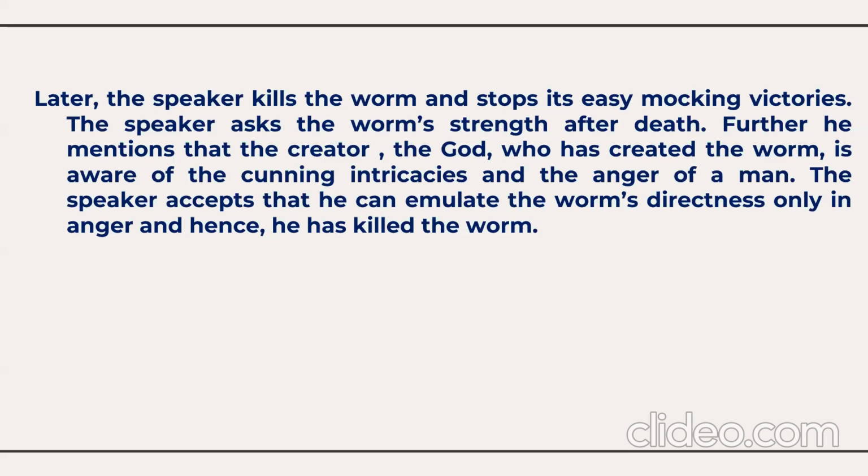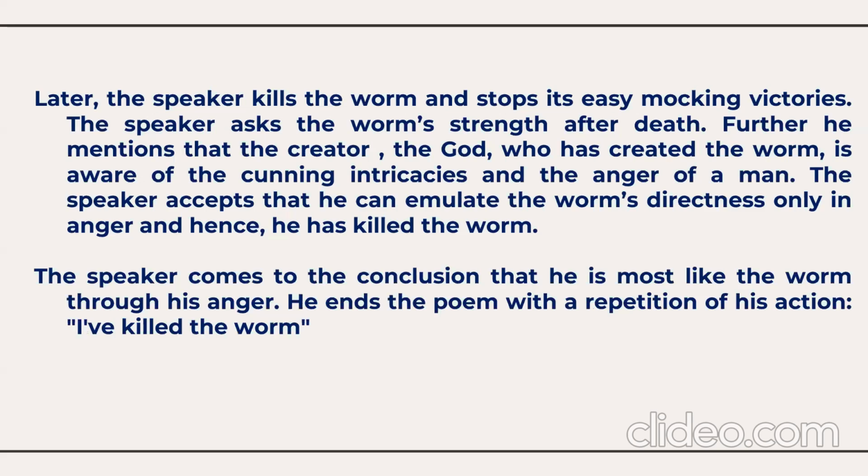The speaker accepts that he can emulate the worm's directness only in anger. Hence, he has killed the worm. The speaker comes to the conclusion that he is most like the worm through his anger. He ends the poem with a repetition saying, I have killed the worm.